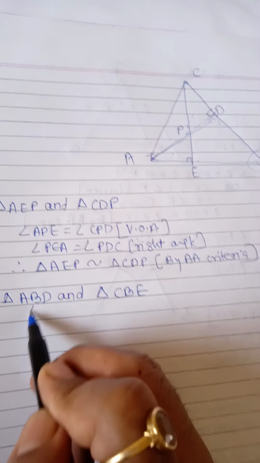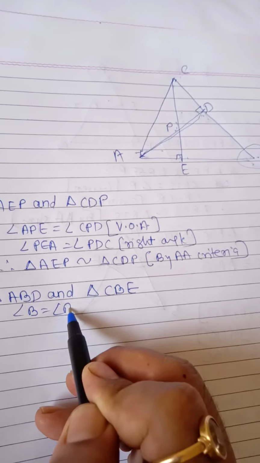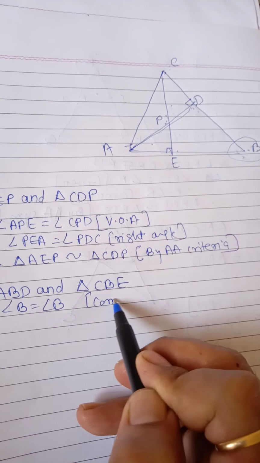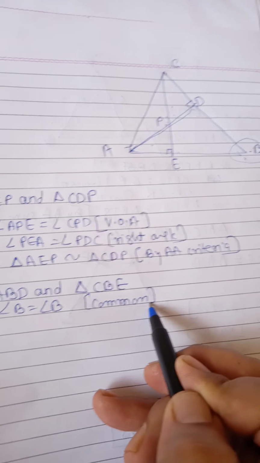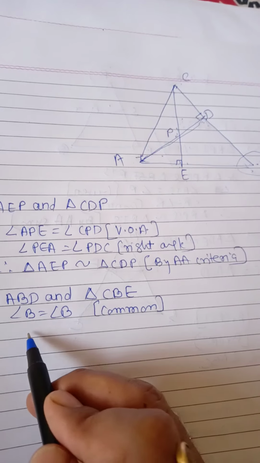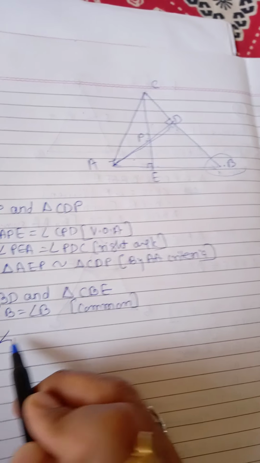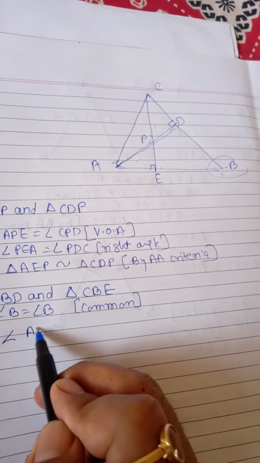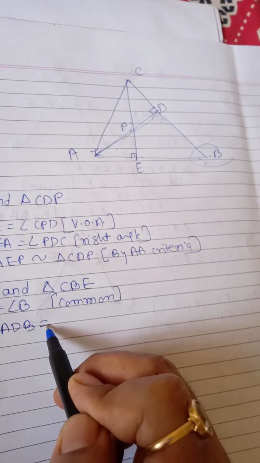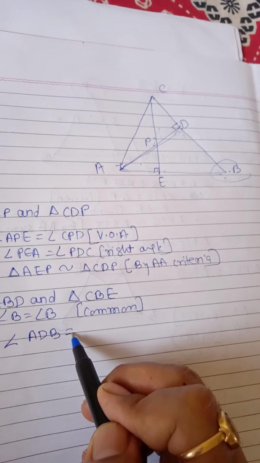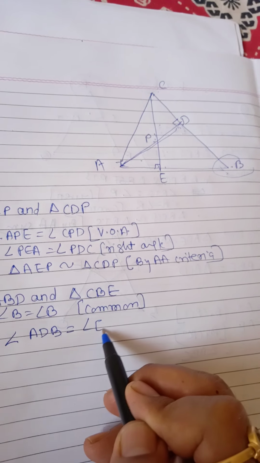So I will write angle B is equal to angle B. It is what? Common. And then I will write for ABD angle ADB is equal to for CBE angle CEB.